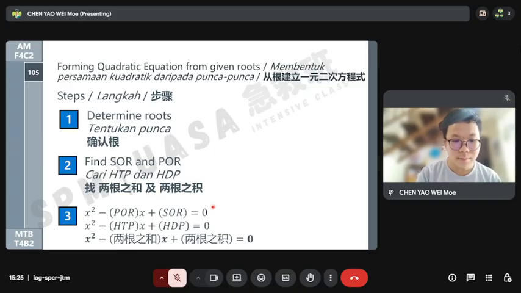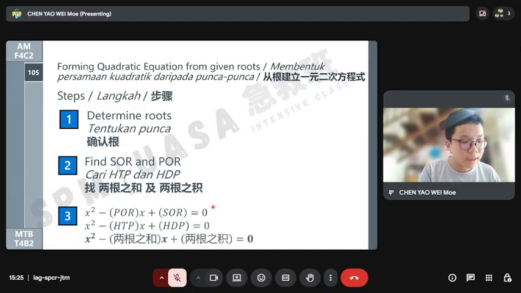But here we have some special cases. When you want to calculate the sum of roots, we will realize a term called alpha squared plus beta squared. How do we determine alpha squared plus beta squared? First thing, you need to square alpha plus beta.